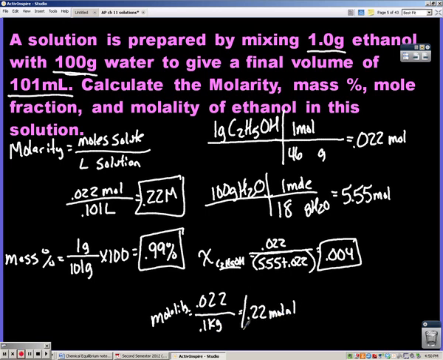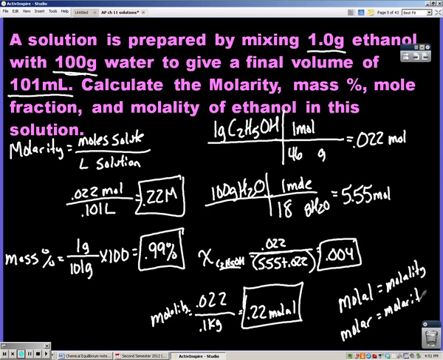Dividing, I get 0.22 molal solution. Whenever you see molal, that's just molality. I also could have used a lowercase m, while a molar solution is a molarity.